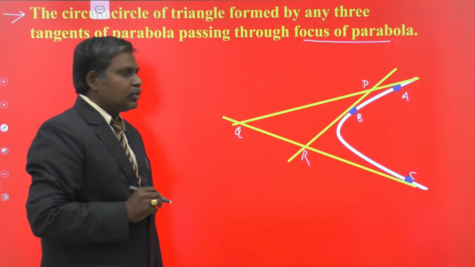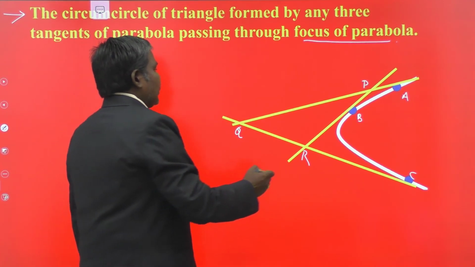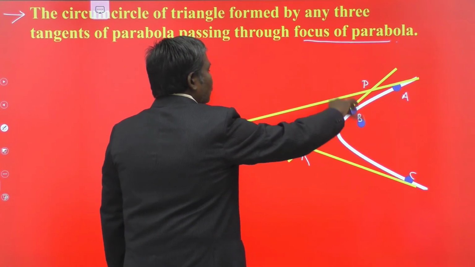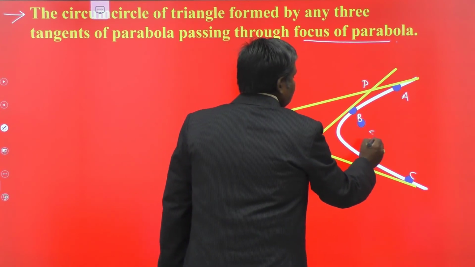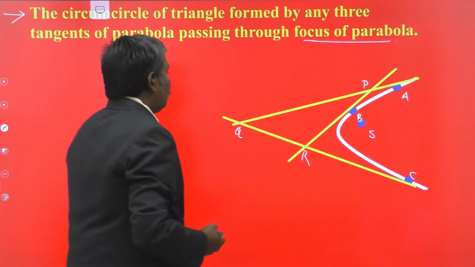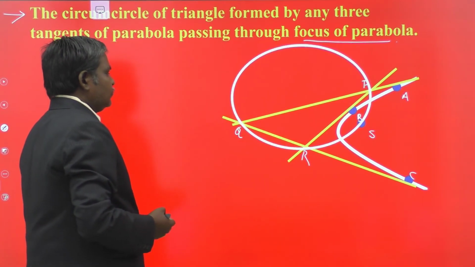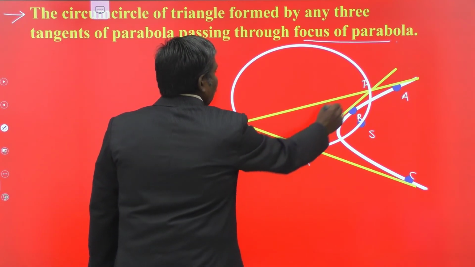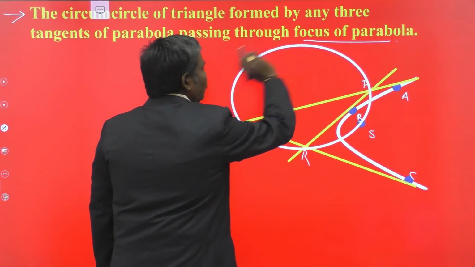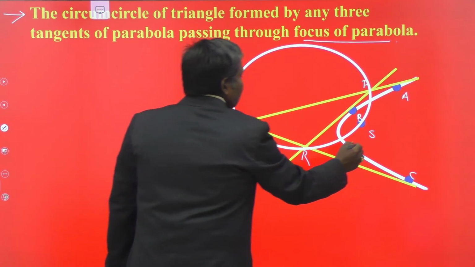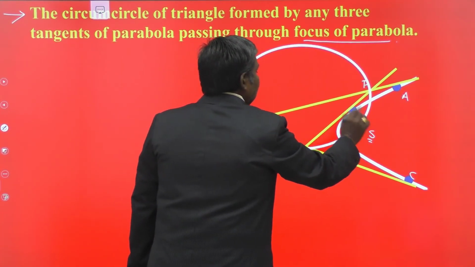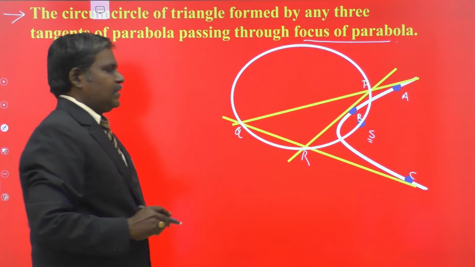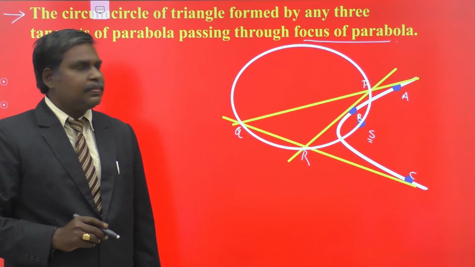What we are going to show is that the circumcircle of this triangle PQR always passes through the focus. This is my focus. This is the circle passing through P, Q, R, the circumcircle of the triangle, and you are going to show that this circle passes through my point S. That is your target.